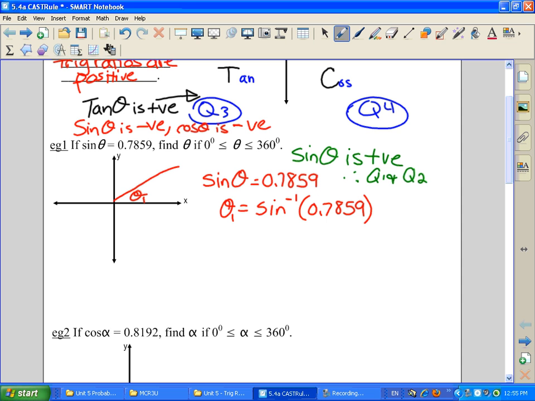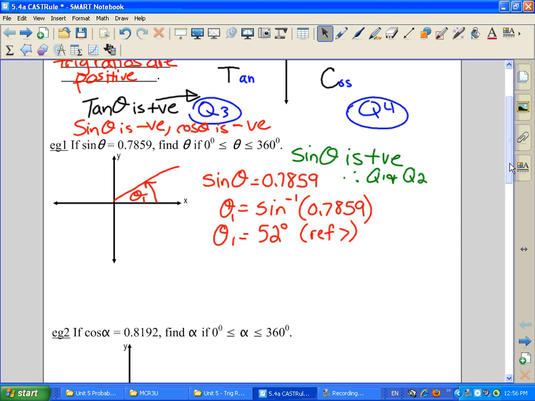So plug it in your calculator, ladies and gentlemen, and you're going to get theta 1 equals 52 degrees. Now that's what we call the reference angle because its initial arm is at the x-axis and it goes up. So the first angle that we're interested in here is theta 1. So that's the first angle that has that value.